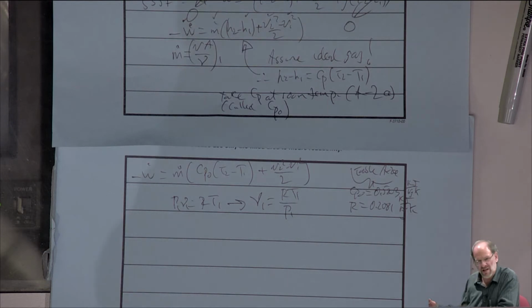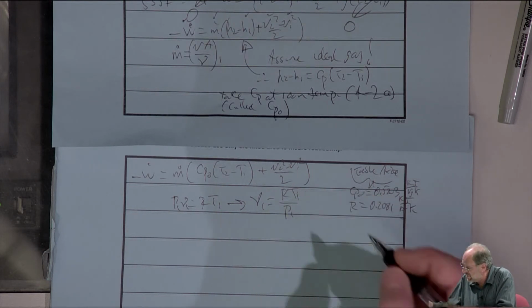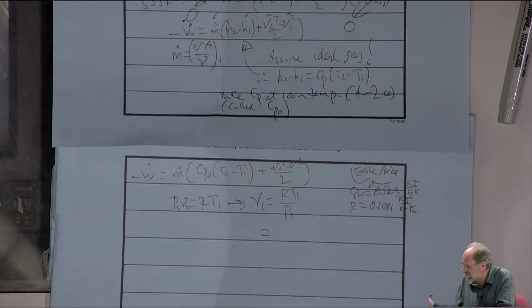So now let's work backwards and find what we need to find. Let's find the specific volume of the inlet conditions first. Then we define the mass flow rate, then we just solve the first law, and we're done.